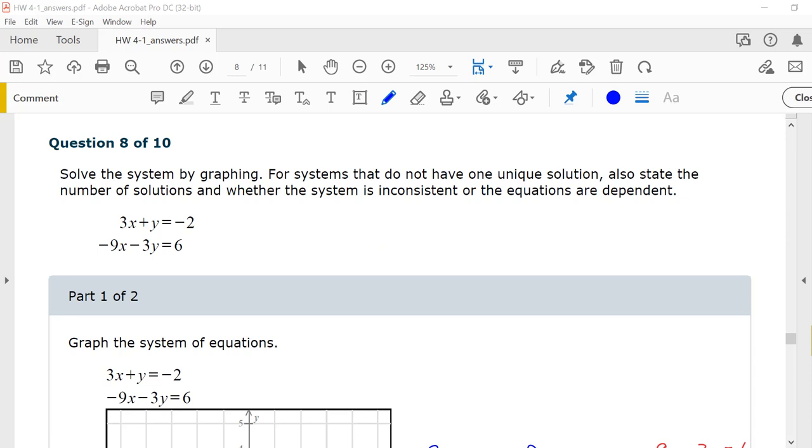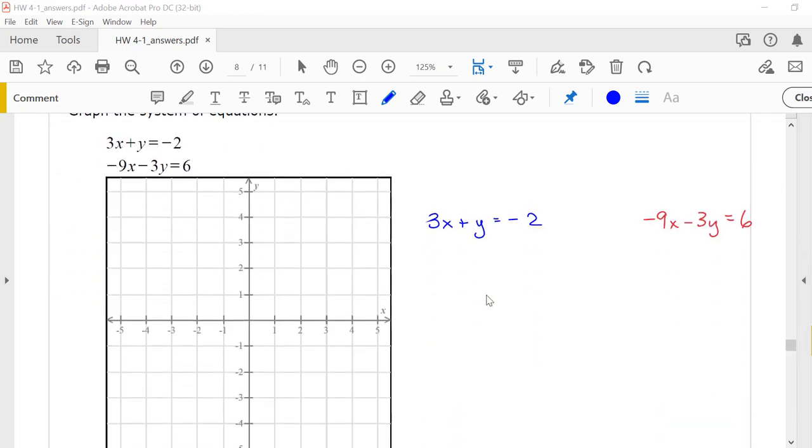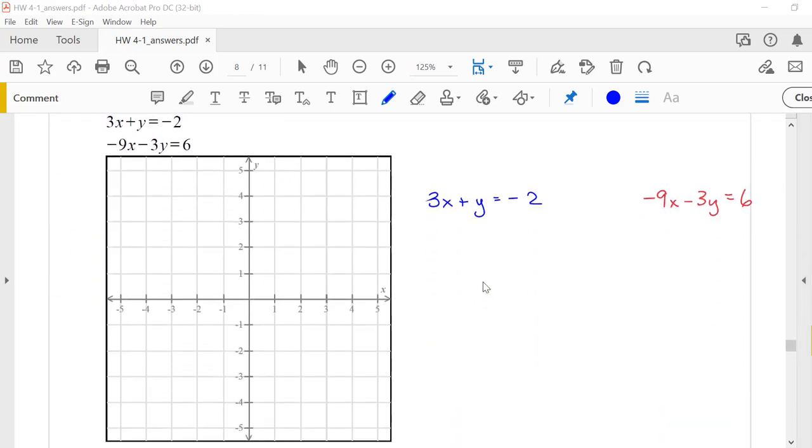Question 8. Solve the system by graphing. Okay, our first equation is 3x plus y equals negative 2. I'm going to put it in slope-intercept form. So I need to subtract 3x from both sides, and I get y equals negative 3x minus 2.